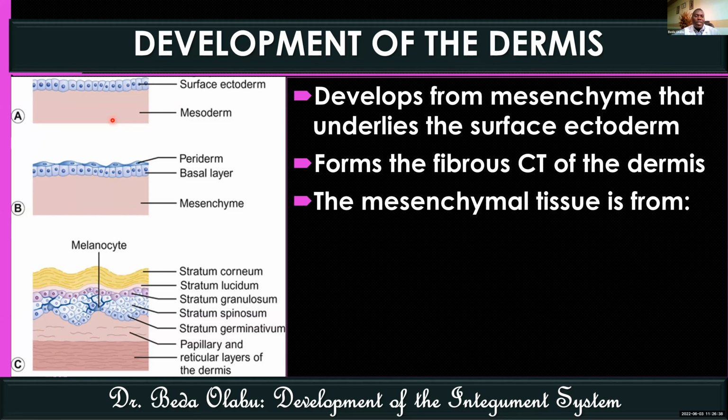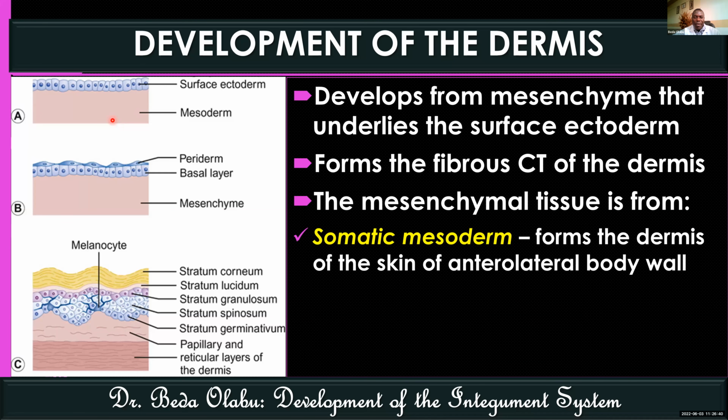What are the sources of mesenchyme that give rise to the epidermis? Sorry, give rise to the dermis. We have somatic mesoderm. Remember, this is the outer layer of the lateral plate mesoderm. The somatic mesoderm gives rise to the mesenchyme that forms the dermis of the skin of the anterolateral body wall.